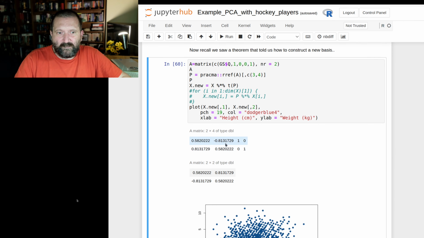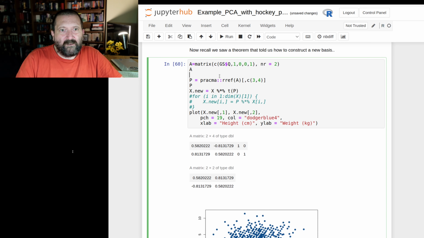So this is what I'm doing, but I'll point out that I'm just selecting here the third and fourth column, because what I know is that when I look at the reduced row echelon form of this matrix A.